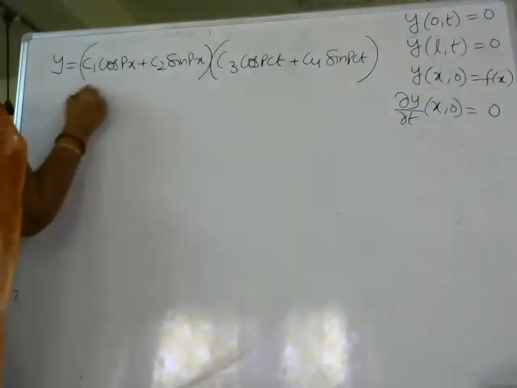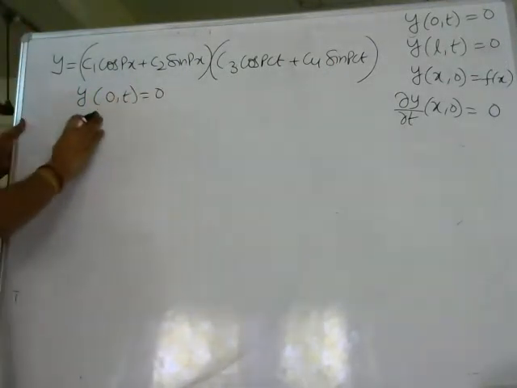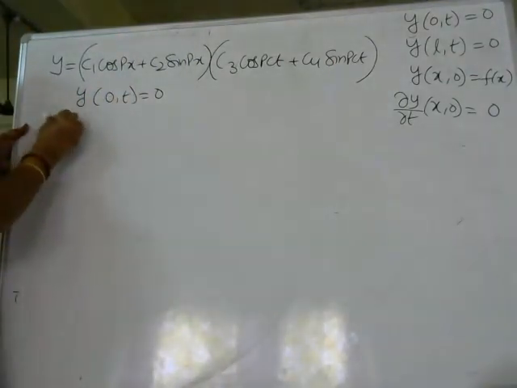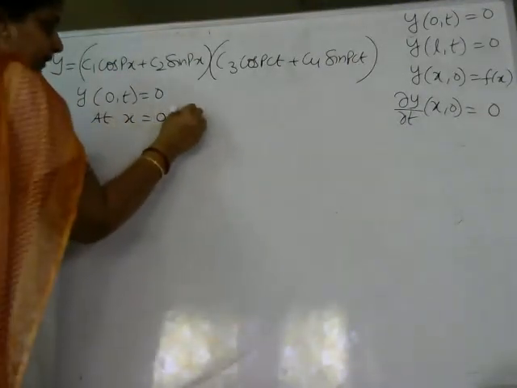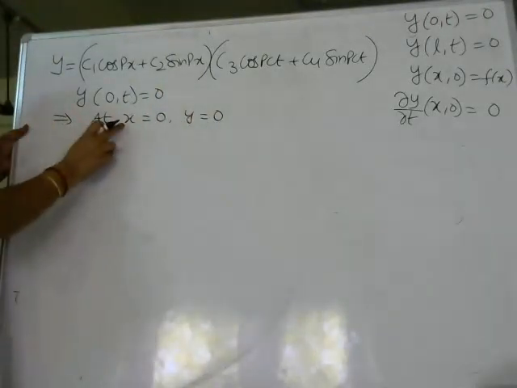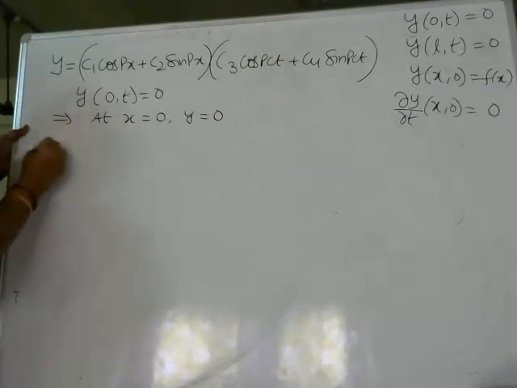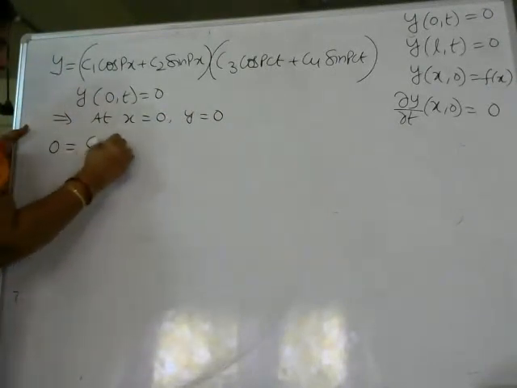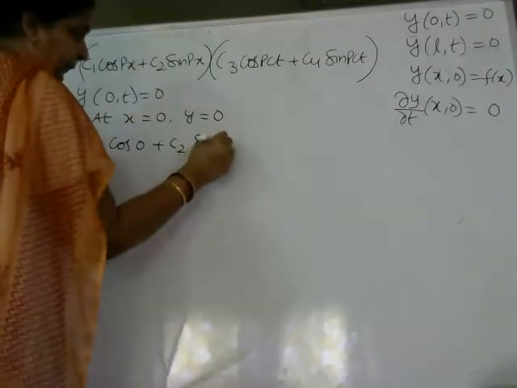So, we'll start with the first condition. What is the first condition we have? Y at 0 comma t is equal to 0. What is the meaning of y at 0 comma t equal to 0? It implies at x equal to 0, y is equal to 0. That is the meaning here. So I'll substitute these conditions in the solution. Y at x equal to 0 is equal to C1 cos 0 plus C2 sin 0.